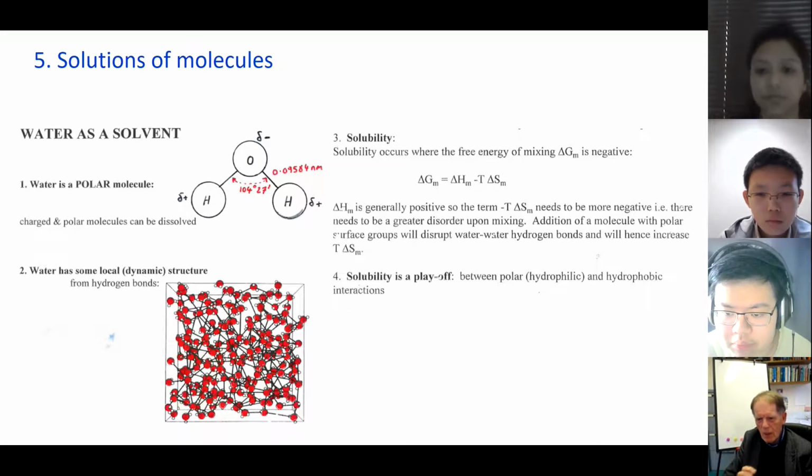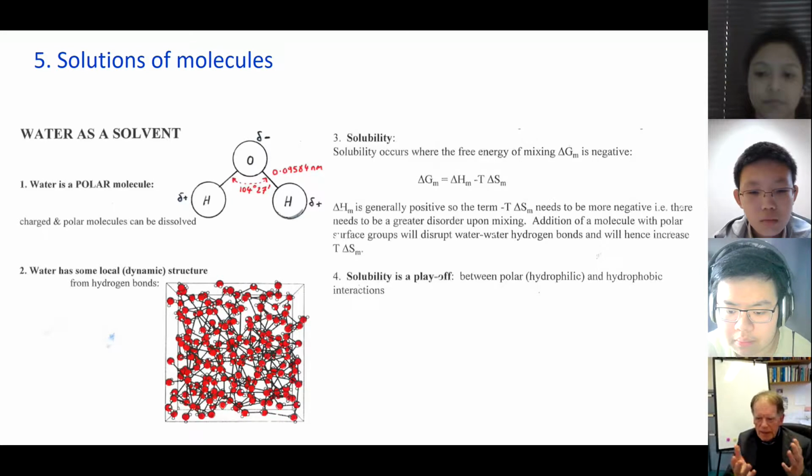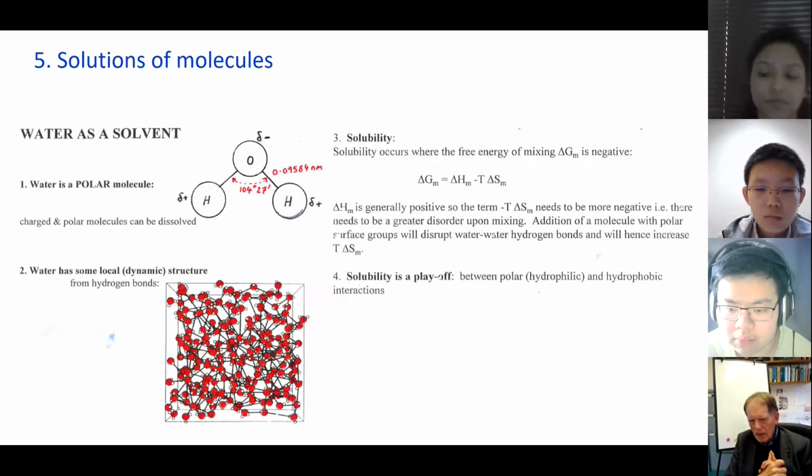So this interplay between polar or hydrophilic and non-polar or hydrophobic interactions explains why, for example, polysaccharides, polymers of sugar residues, some polysaccharides like alginates are readily soluble, whereas other polysaccharides like cellulose are insoluble, and other polysaccharides like the galactomannan will dissolve, but with some degree of difficulty.